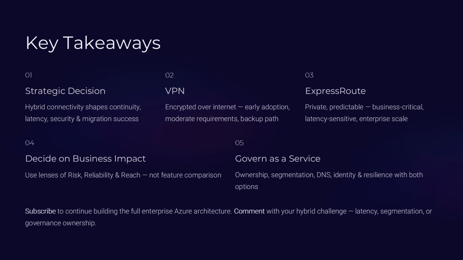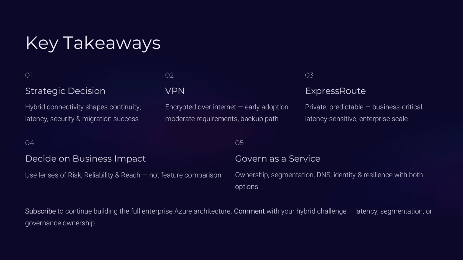ExpressRoute provides private connectivity with greater predictability and is commonly justified for business-critical workloads, performance-sensitive dependencies, larger-scale adoption, and stronger operational assurance needs. Your decision should be based on business impact, not feature comparison, using lenses of risk, reliability, and reach.